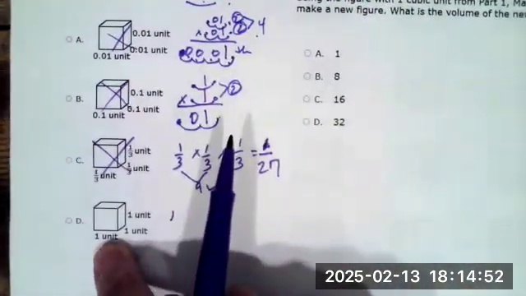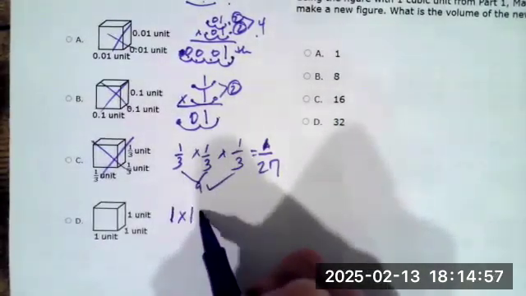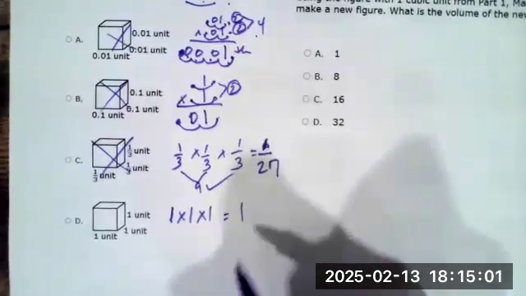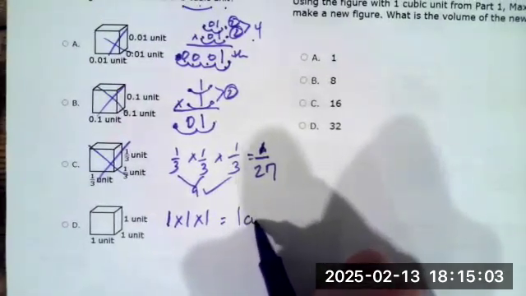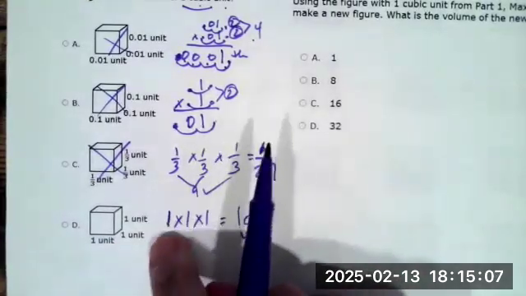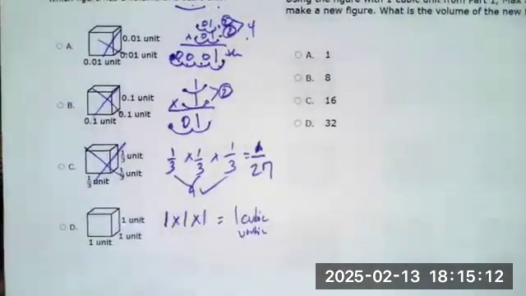Okay, and now here I'm seeing the unit, 1 times 1 times 1. That is going to give me 1. And then you could say cubic unit because we multiplied 3 dimensions, length times width times height. So this shape is definitely the 1 cubic unit.